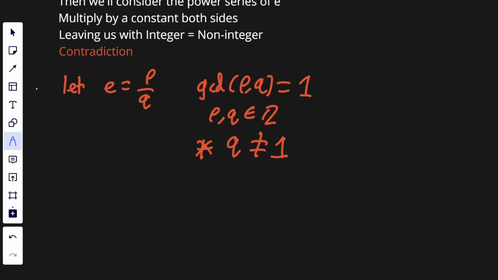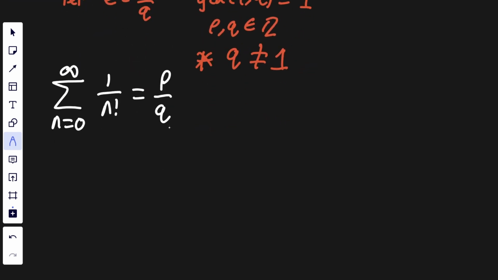So now what we're going to do is write e in its power series form. So e is equal to a sum from n equals 0 to infinity of 1 over n factorial, and that's equal to p over q. Now I'm going to multiply both sides by q factorial.